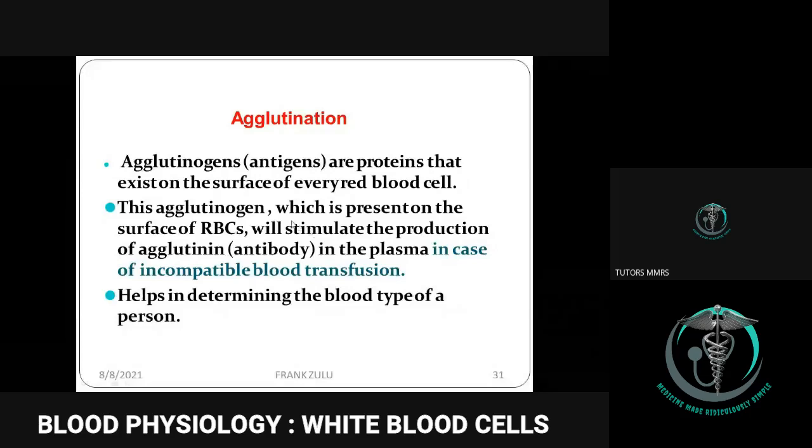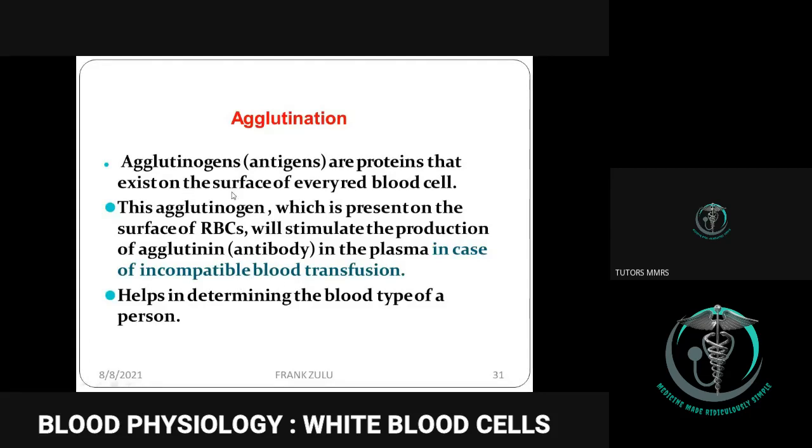So when you put two blood groups that are not compatible, an agglutination reaction will take place, leading to the breakdown of those red blood cells. That's what we mean when we say that blood is incompatible.